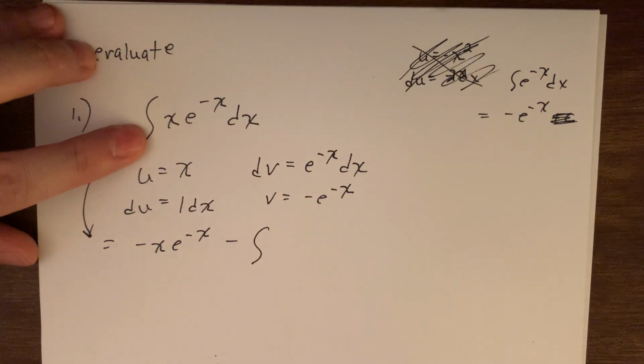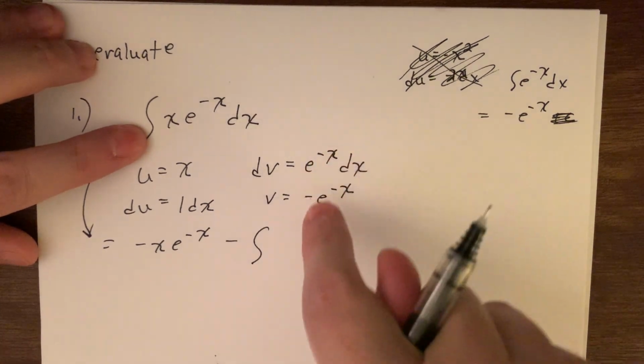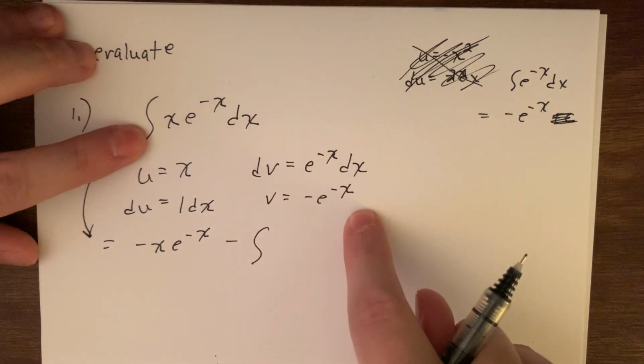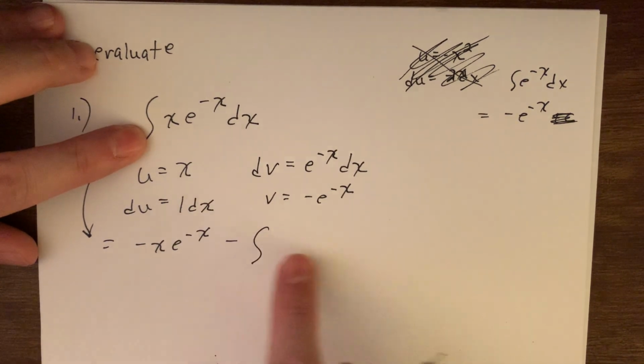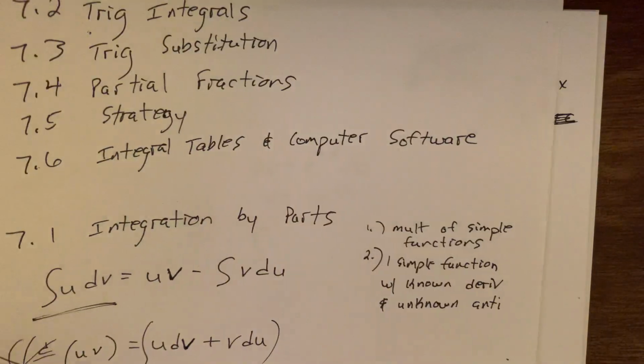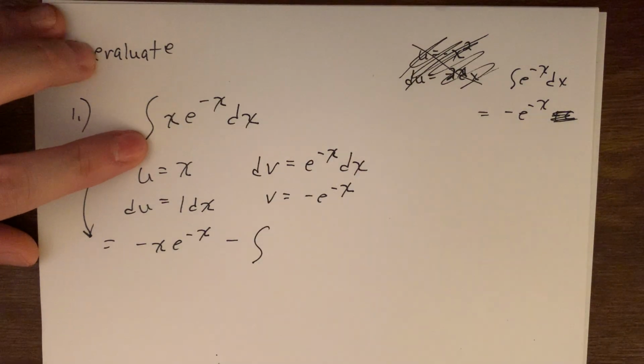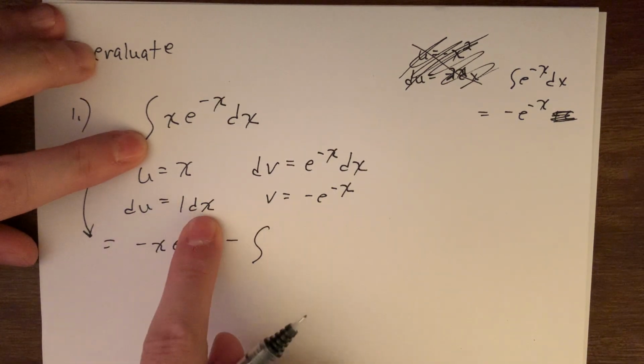Notice all the little things. Naturally, the antiderivative, the dx, drops here. If you did your proper notation here, now when you set up your new integral, the v du integral, the dx notation comes back into this integral because it's a part of du.